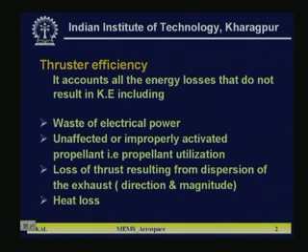So, what are the parameters which can degrade the efficiency? Waste of electrical power, unaffected or improperly activated propellant, that is, proper propellant utilization is necessary, loss of thrust resulting from dispersion of the exhaust, and heat loss. So, all these issues you have to take care of to get greater thruster efficiency.